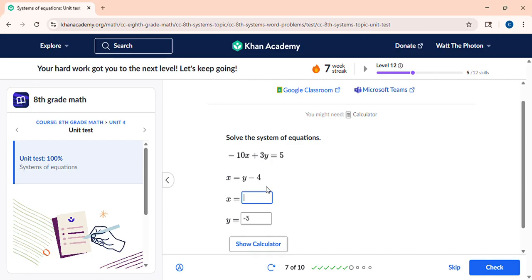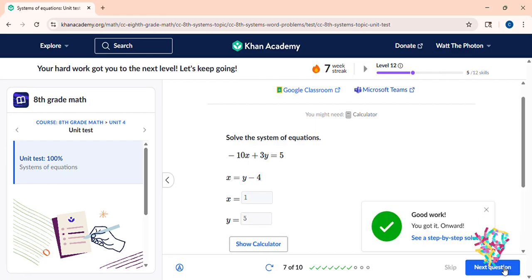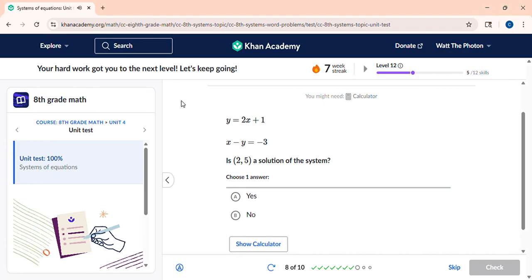So this gets to be positive 1. I think I messed up my negative. So we get 5, we get 1. So we get 10 plus 15 minus 10 is 5. There we go. It's (2, 5), the solution. So we get 2 minus 5 is negative 3, that's correct. And then 5 is equal to 2 plus 1, that seems correct. Both seem correct.